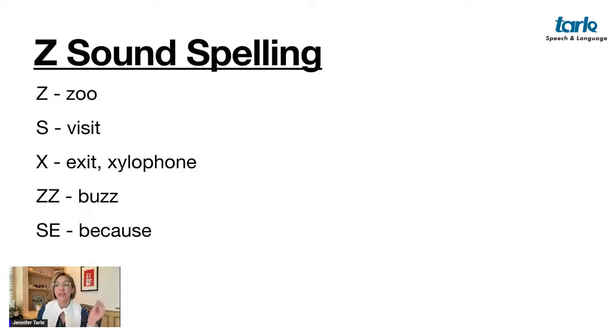And we hear that in zoo. We also can pronounce the letter S as a Z in visit. The X in exit and xylophone, two Z's like in buzz, and the SE in because. So we have zoo, visit, exit, xylophone, buzz, and because.